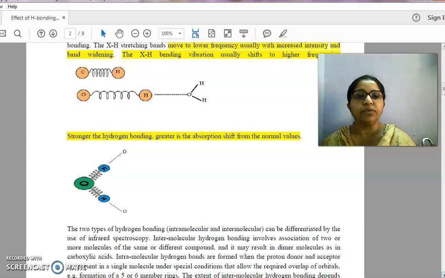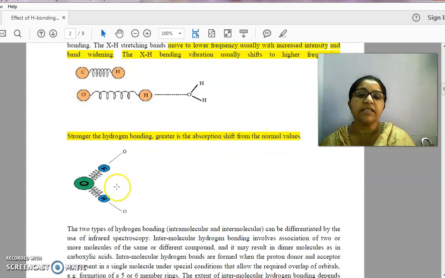Can you bend the angle? You can't. So in that case, the bending frequency shifts to a greater absorption value from its normal value.